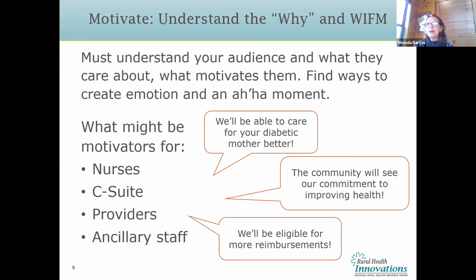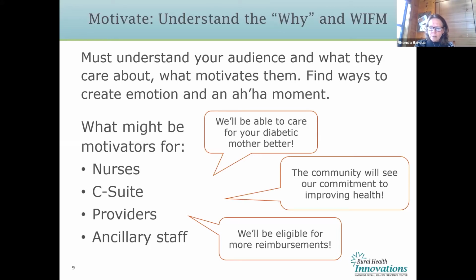If you are trying to get your community engaged in this, think about, again, what are they going to care about? And so certainly the motivators might be a little bit different for nurses or techs or environmental services or ancillary staff versus your C-suite, your providers. So it's really important to think about what is the messaging that's going to resonate the most.